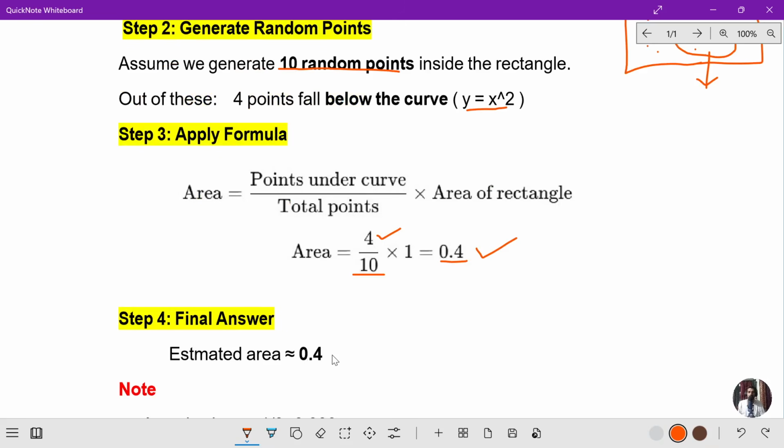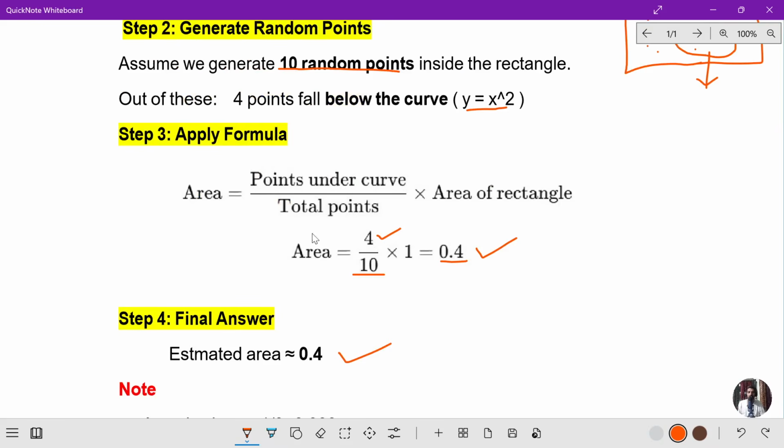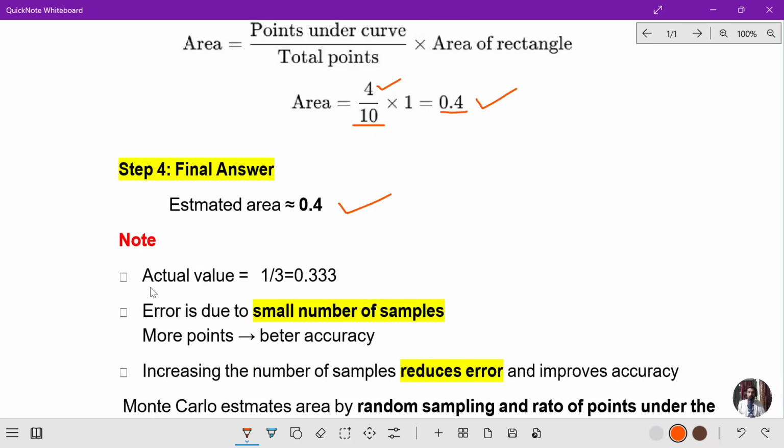The final estimated area is 0.4 after completion of the Monte Carlo method. But we need to analyze whether this answer is right or wrong by checking with mathematical notation. The actual value is 0.33, not 0.4.